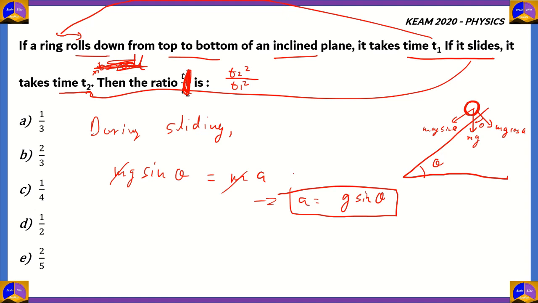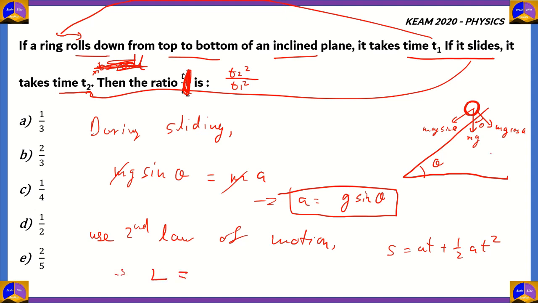Now that we know that a equals g sine theta, we use the second equation of motion, which is S equals ut plus half at squared. So we're talking about uniform acceleration, so kinematics. Now, the distance here is L, the length of the inclined plane.